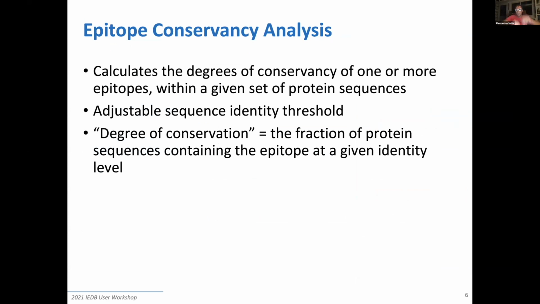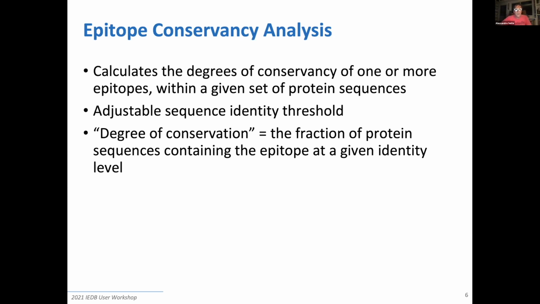So these days we can talk about variants, for example. So you have a bunch of different SARS-CoV-2 epitopes, and you have a sequence of a bunch of variants, and you want to know how well conserved this set of epitopes is in the various different sequences of interest.